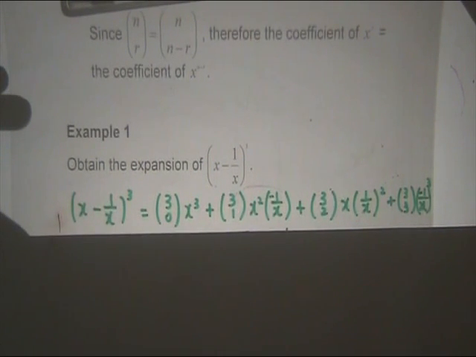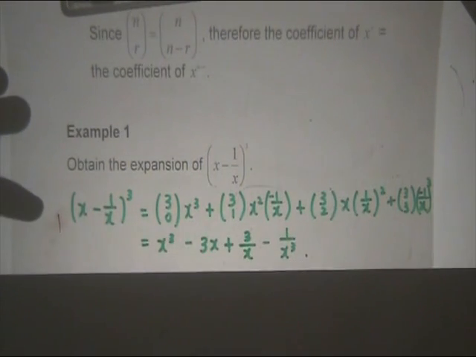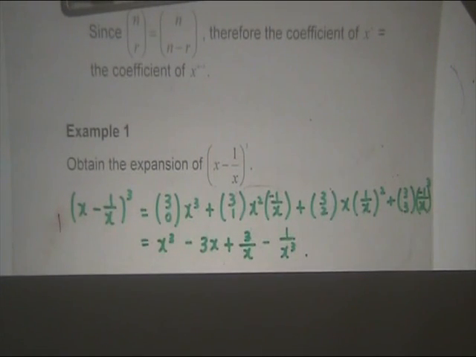The first term you have x cubed, and then x squared multiplied by minus 1 over x, followed by x multiplied by 1 over x squared, followed by minus 1 over x to the power of 3. Simplifying, you will get this. Did you get the answer?